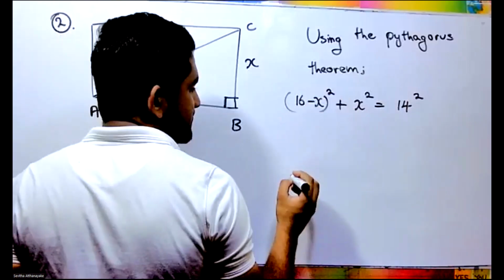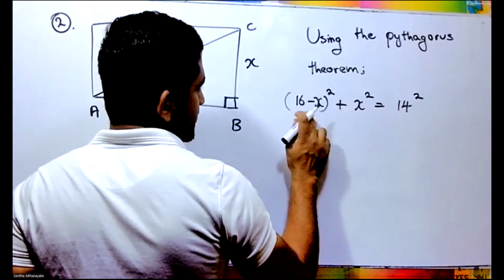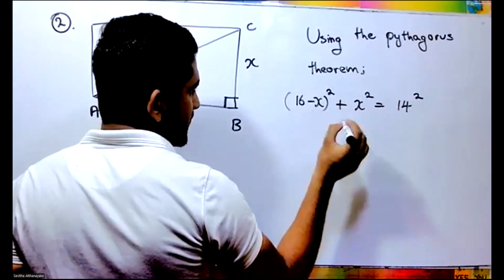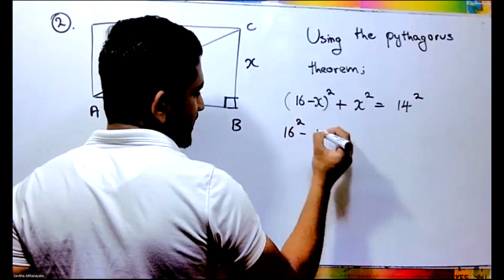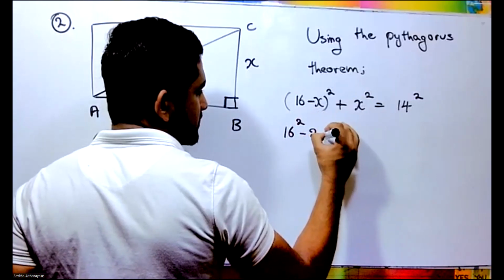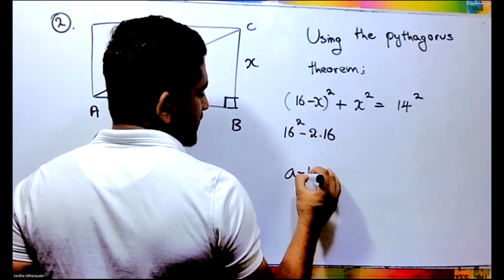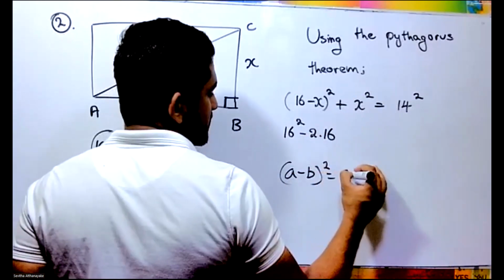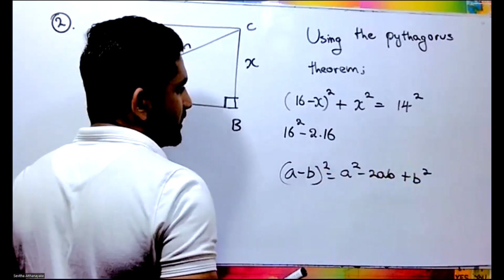We can expand this directly. (a minus b) squared is a squared minus 2ab plus b squared.